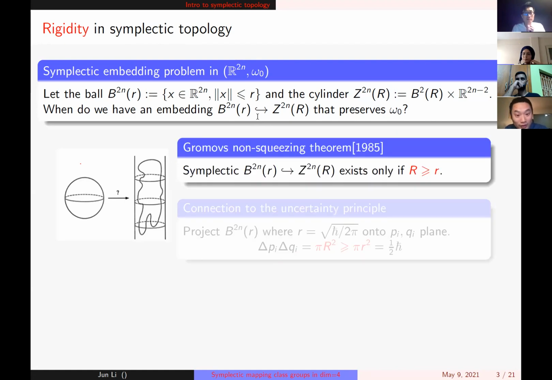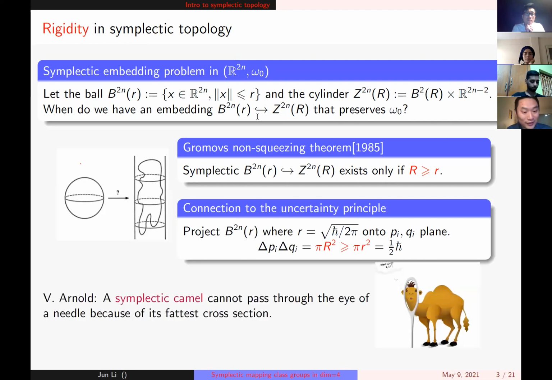The non-squeezing theorem tells us that it's only possible if the cylinder is wider than the ball. Arnold summarized this as: a symplectic camel cannot pass through the eye of a needle. The point I want to make is that symplectic sizes do matter, and later this idea will show up.